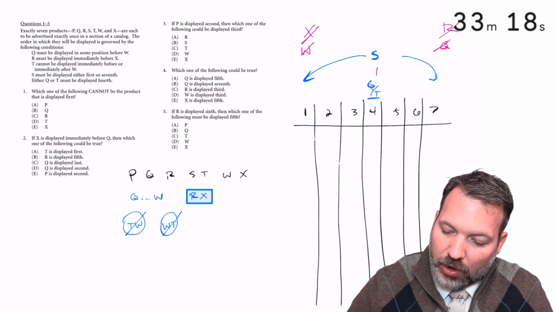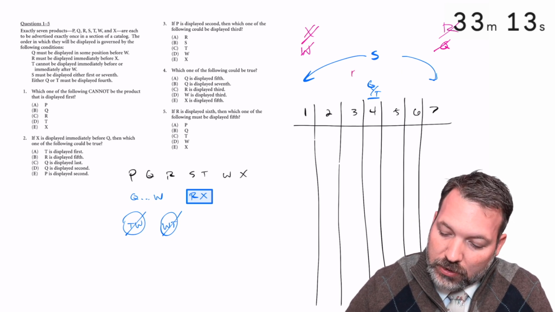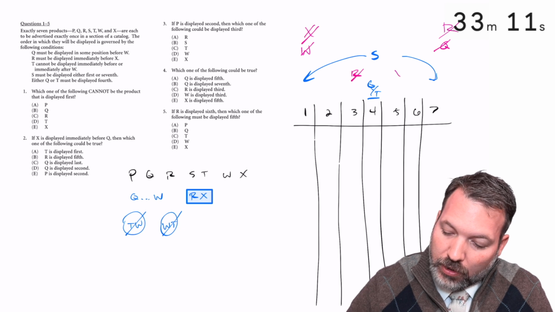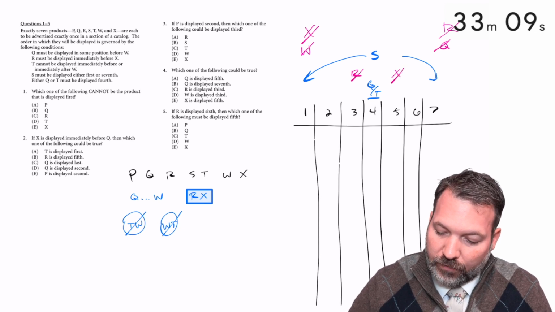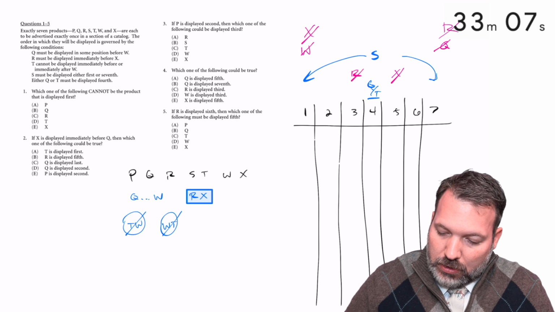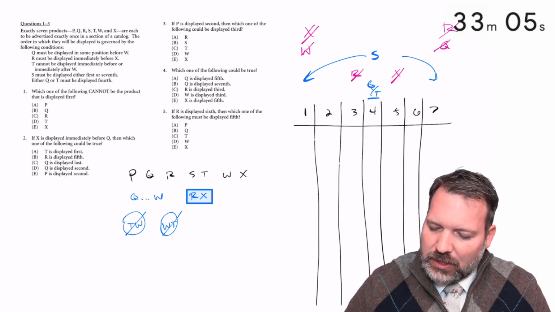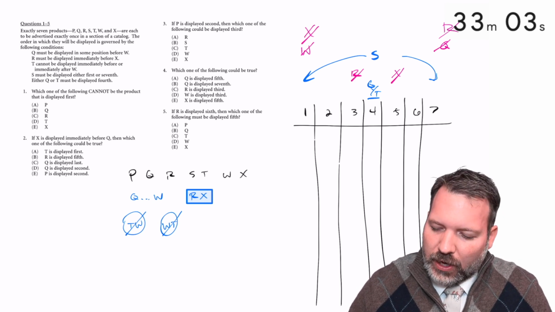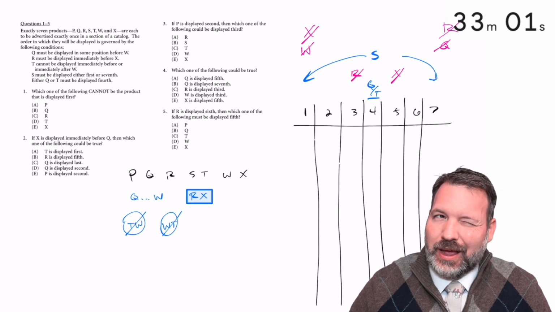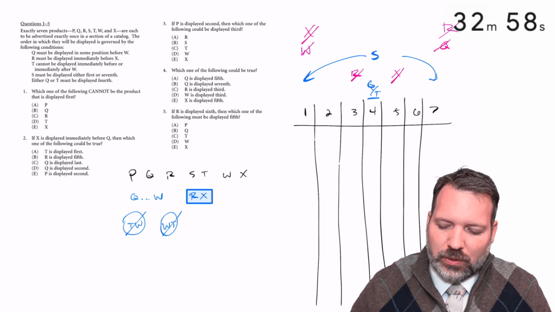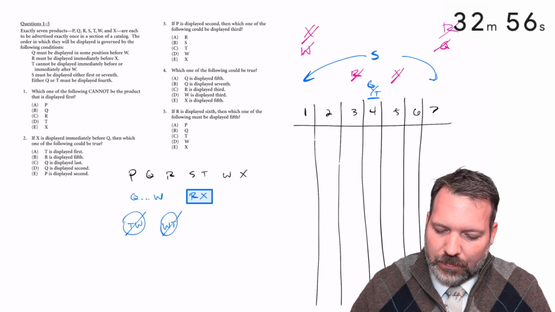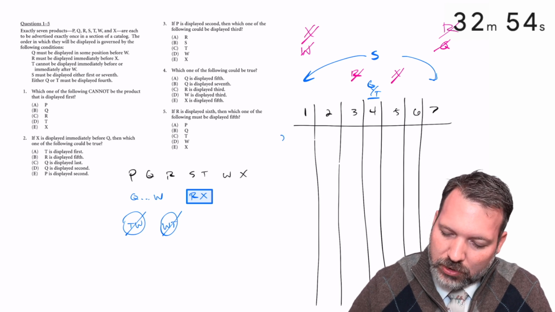Or for that matter, RX in 4 and 5 would not be possible because of the QT rule. So there's no way R goes 3rd, and there's no way X goes 5th. I do see, like, if T is 4th, then I could not put W 5th, but T doesn't have to go 4th. So I don't really want to make that a deduction. I think I'm just going to jump into the questions.